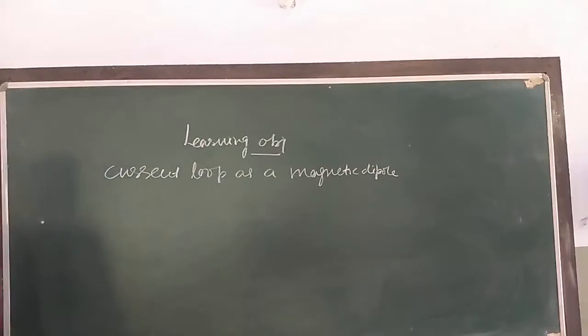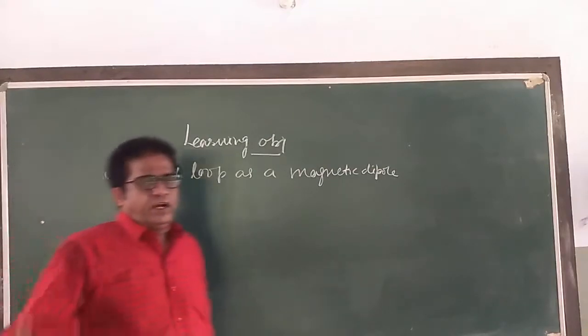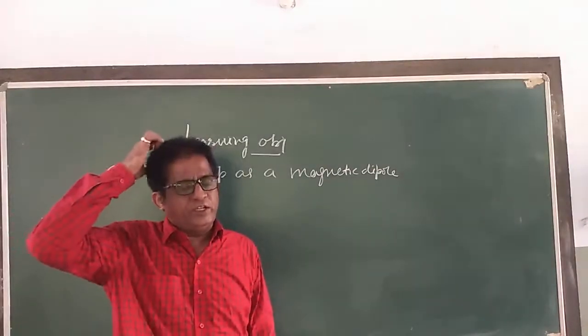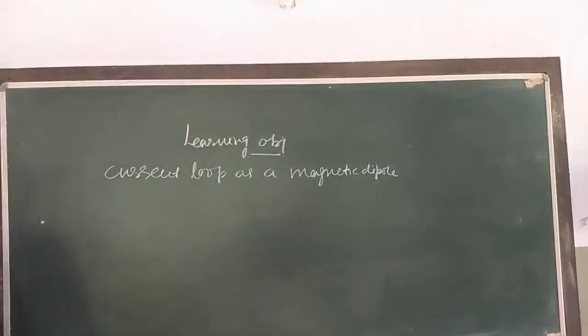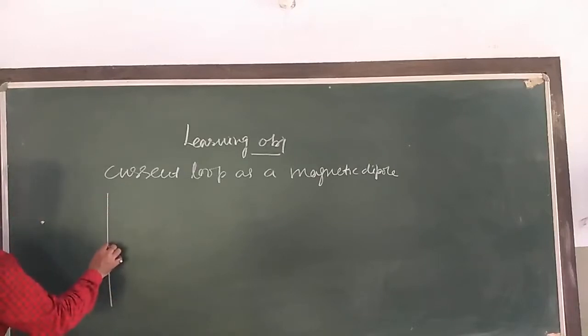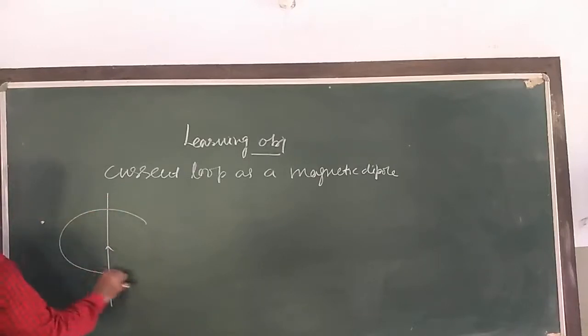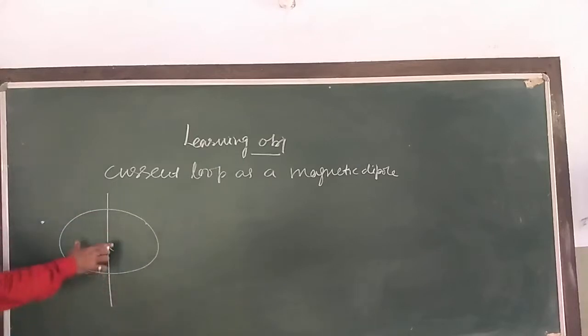For that, my dear children, we will take a current loop that behaves as a magnetic dipole. How is it? I consider a circular coil. Say here is the axis in which current is flowing. Here is a circular coil carrying current in this manner.